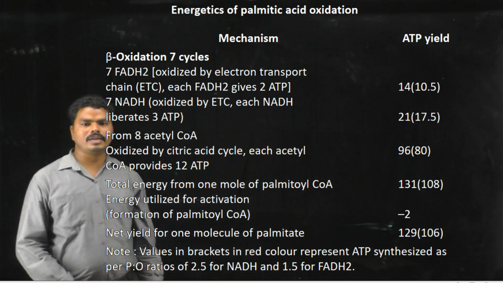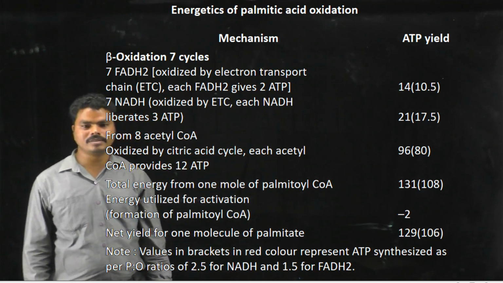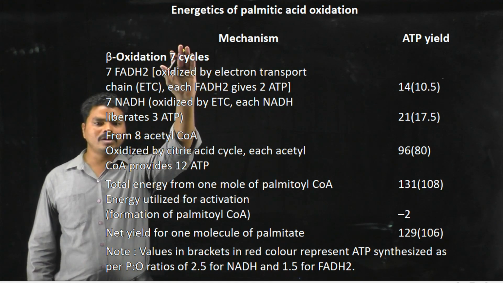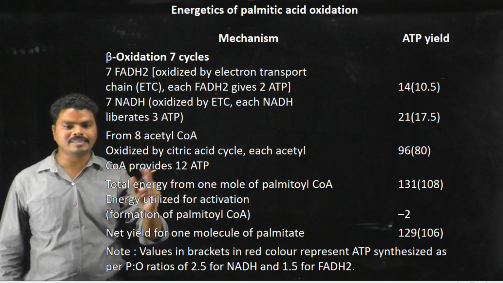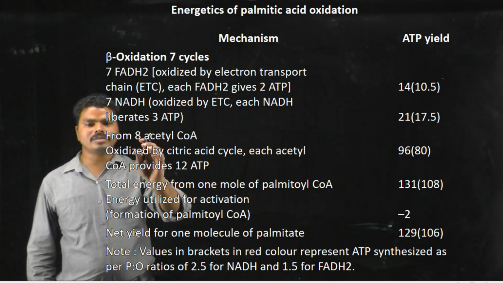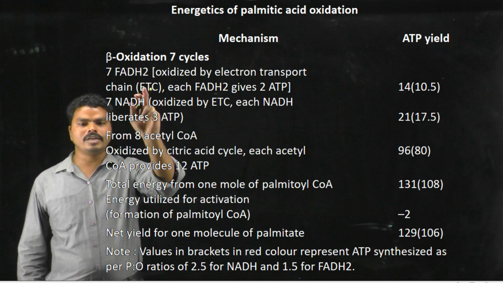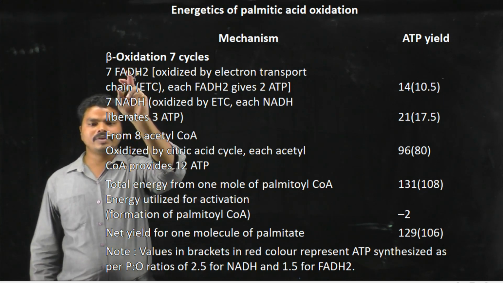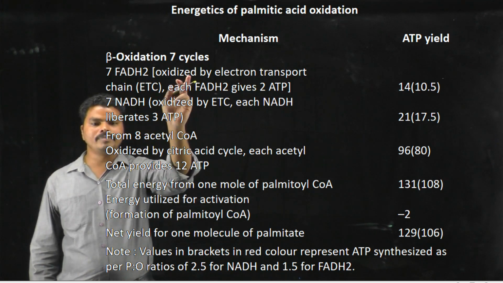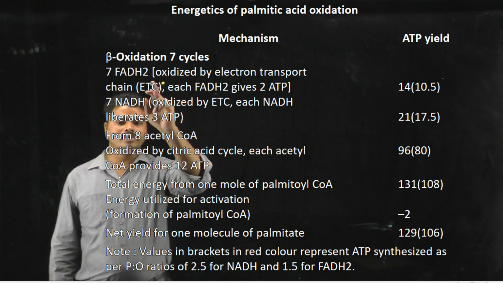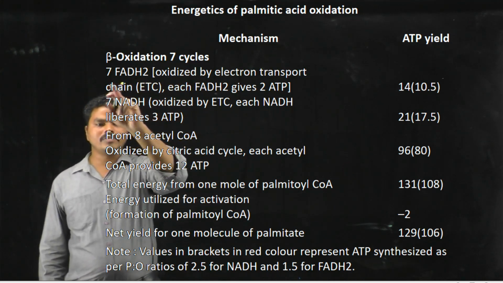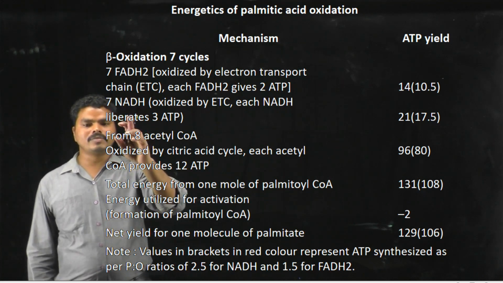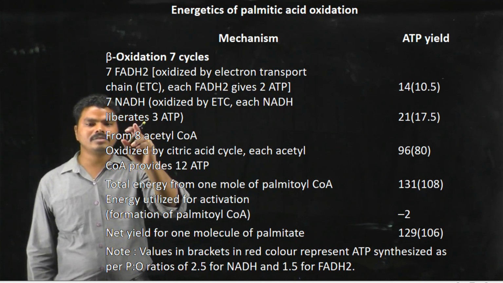Here we can see the energetics of palmitic acid oxidation. We know that 7 beta oxidation cycles are required to convert the palmitic acid into 8 acetyl-CoAs. During the process 7 FADH2s and 7 NADHs are released. Each FADH2 can produce 2 ATPs, so 2 multiplied by 7, we get 14 ATPs.